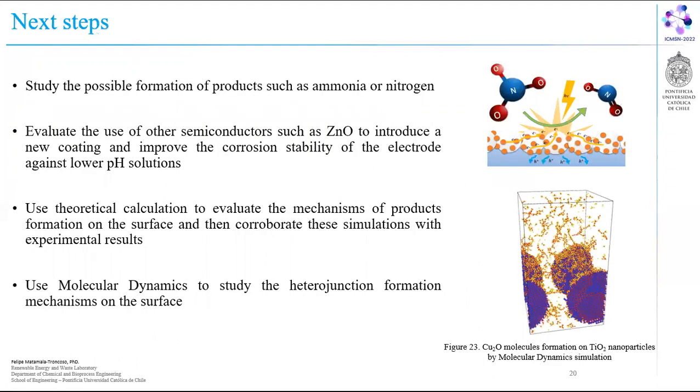The next steps of the research are to study the formation of products like ammonia or nitrogen, especially ammonia, as a hydrogen carrier molecule, and to evaluate the use of a third semiconductor to improve the corrosion stability, and then use solutions with lower pH values, and use theoretical calculation and molecular dynamics to study the mechanism for heterojunction and product formation.